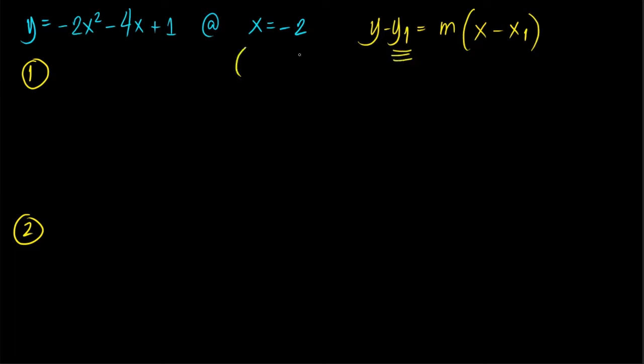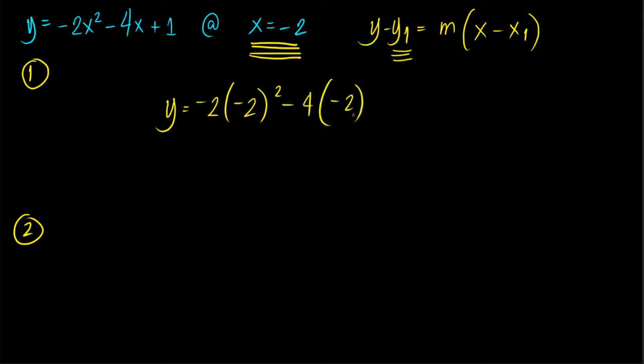So, we need the actual x and y components of a point. So, we are lacking y. Now, don't worry because all you need to do is substitute this value of x to the original equation.